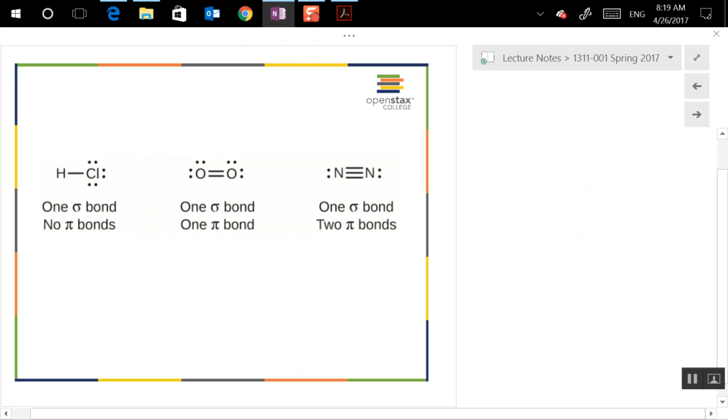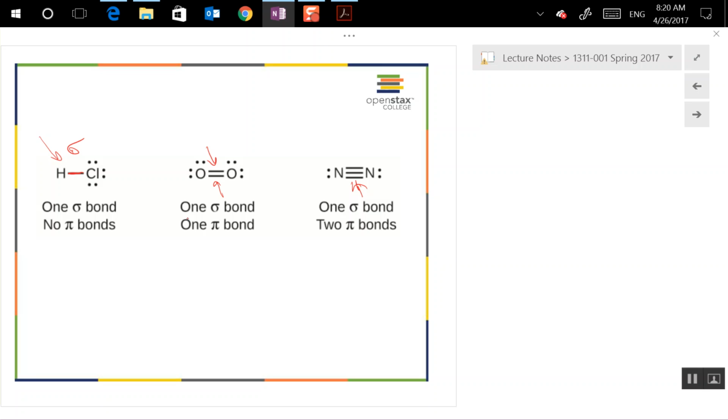Now, how do you identify it on your drawing? The way that you would identify it is, if I'm making a single bond, that is a sigma bond. There are no pi bonds here. The only time you would get a pi bond is if you have an unhybridized orbital that forms a double bond or a triple bond. You always have one sigma bond in every bond, but the other bonds, so if it's a double bond, are pi bonds.